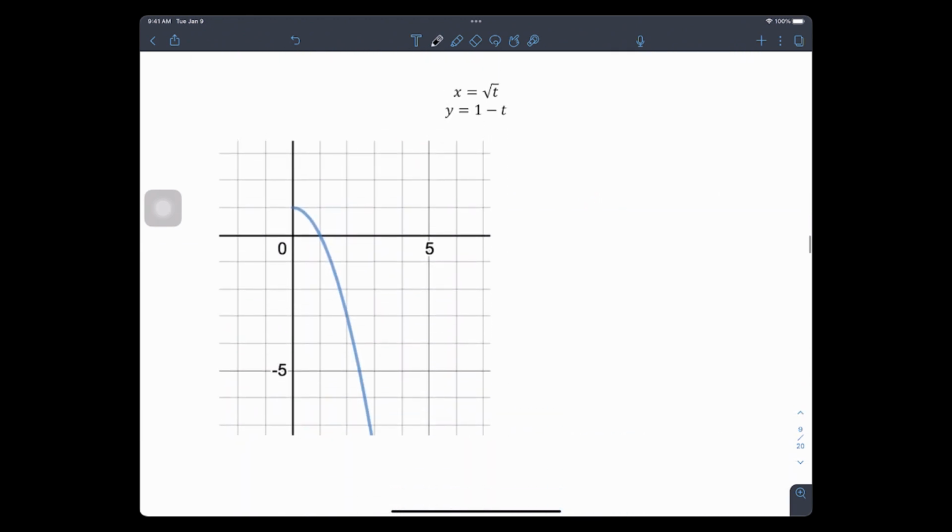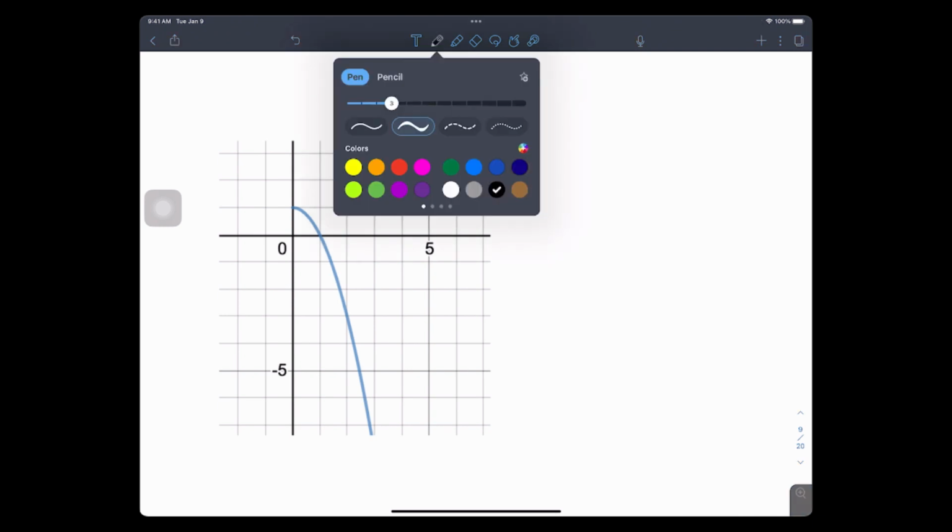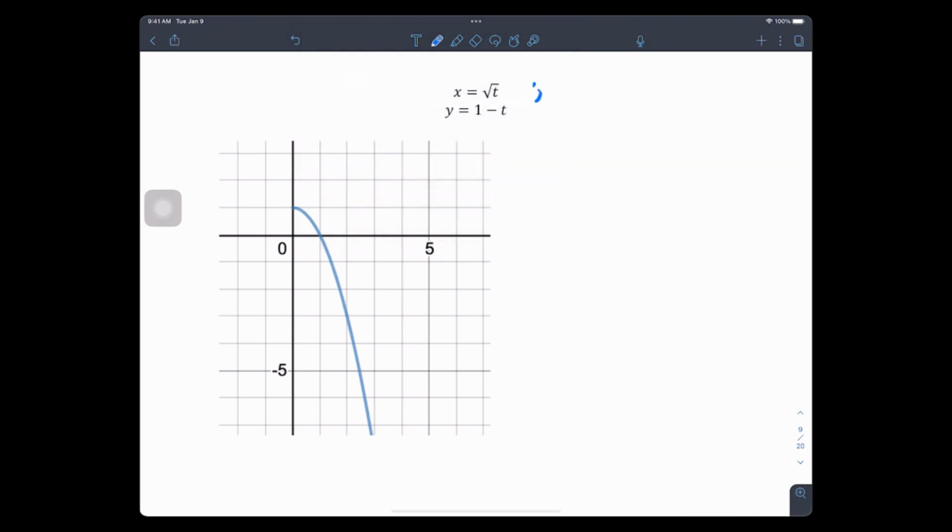Then if I said to you guys, what are you guys looking at here? What do you guys think you're looking at? What do you guys think? What is this? What if I square x? I get x squared is going to be t. Is that true if I square both sides?